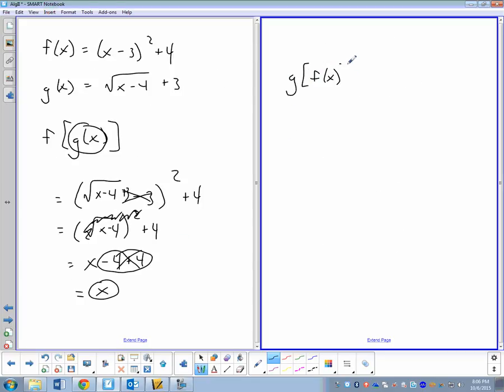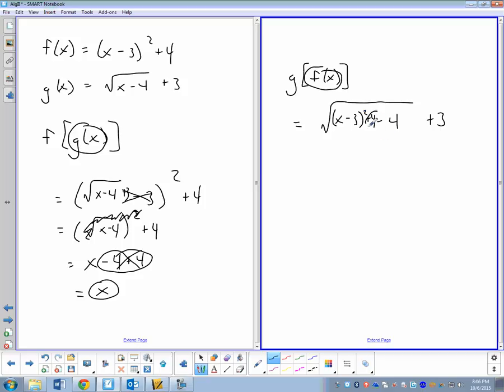Okay? I would get the same thing if instead I did g of f of x. Again, on your homework, you do not need to do both ways, just one or the other. If I'm doing this, it means I'm taking my g function, the square root of (x minus 4) plus 3, and in place of this x, I'm plugging in my entire f of x function, which would be (x minus 3) squared plus 4.